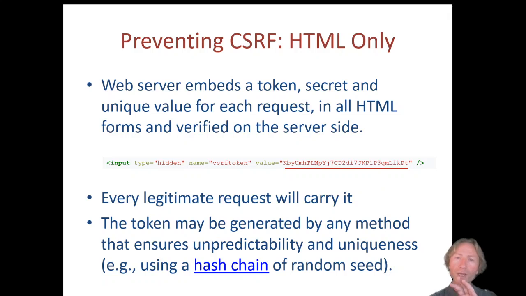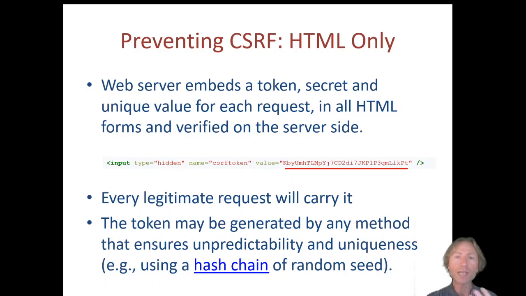However, a request sent by the attacker, so a URL crafted by the attacker, doesn't know this secret token. Okay, so the token, as long as it's unique and non-predictable, will verify that this is a request coming from the legitimate user and not something that was crafted by somebody else.